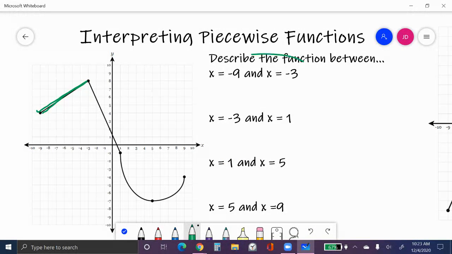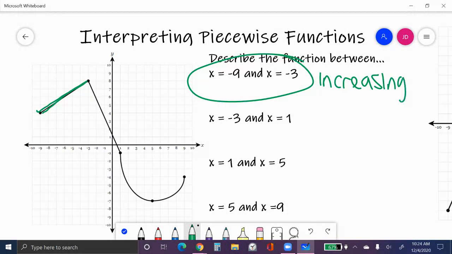If I read a graph from left to right, I always read my graphs from left to right, it's increasing and it is linear because it's a straight line. So it's increasing and linear.